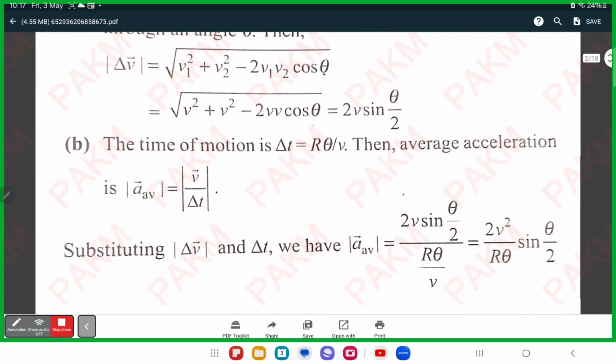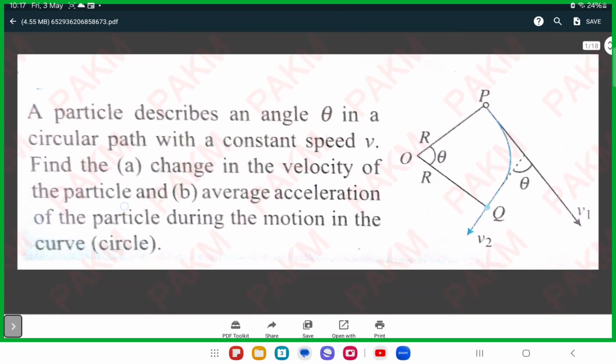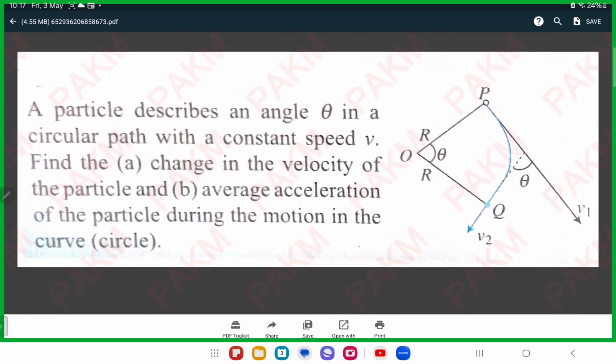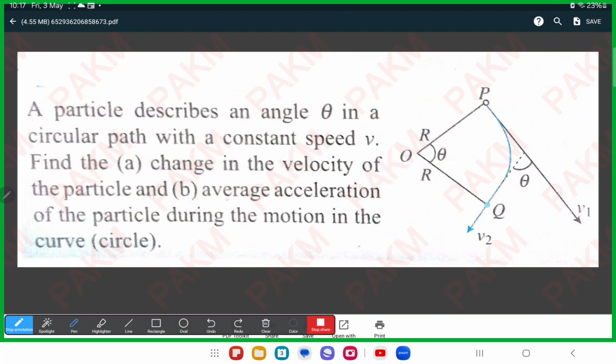Fine. So this is the solution of this question, and this is one of the very good questions. It will give you the idea about how to calculate vector addition, what we mean by the term average acceleration, and how to calculate the velocity change of the given vector in an angular turn.